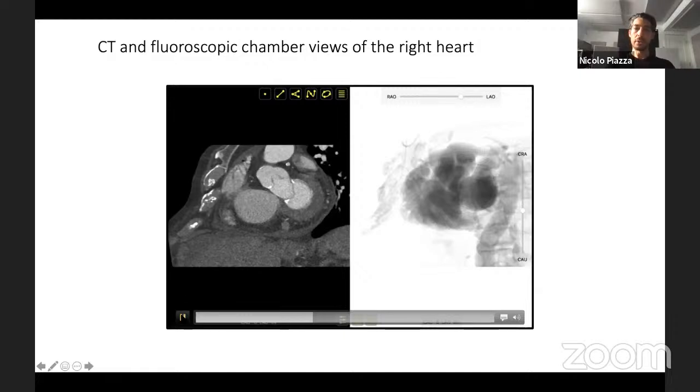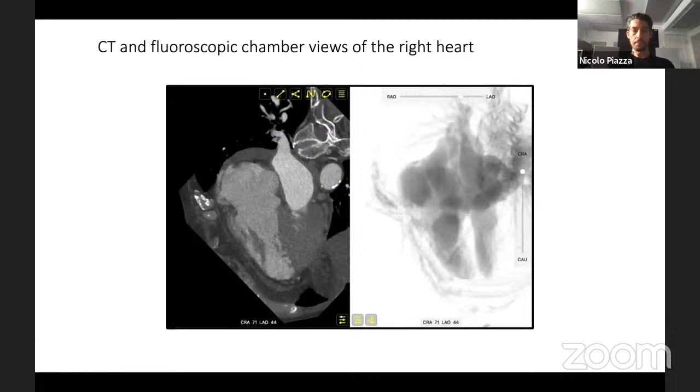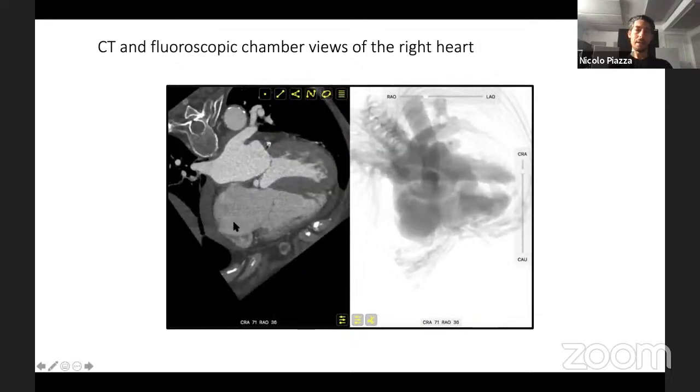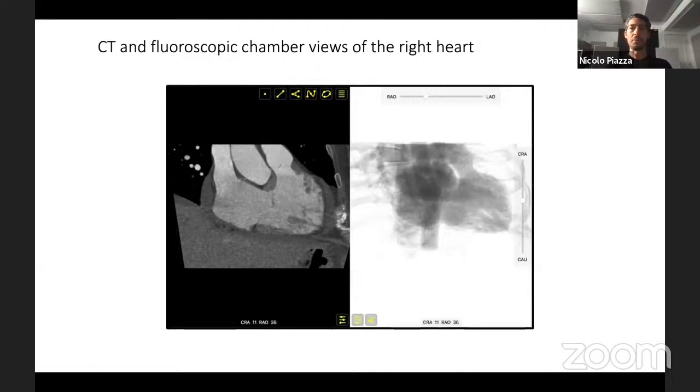Okay, so we're in LAO caudal. We're going to go to a four-chamber view in LAO cranial. That's easy to understand. And now, instead of the everyday LV-gram in a two-chamber view of the left heart, notice that we get a three-chamber view, or RVOT view, right ventricular outflow tract view of the right heart.